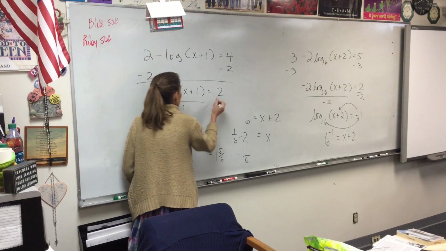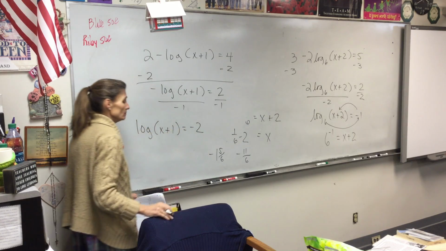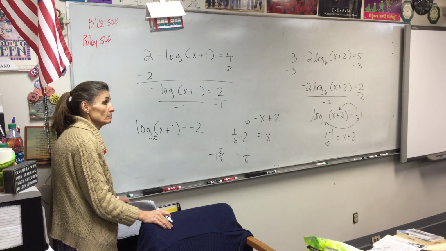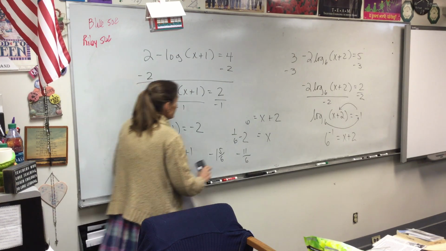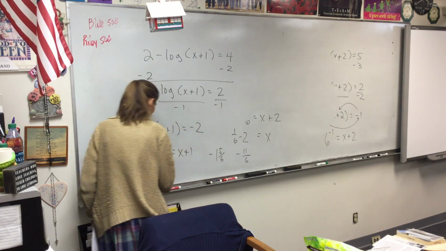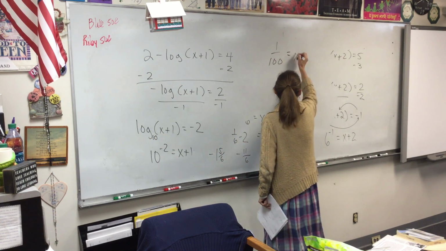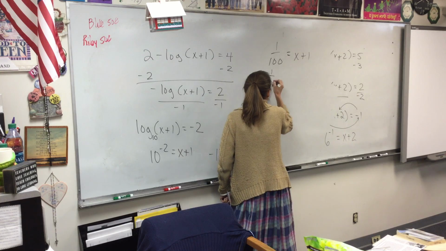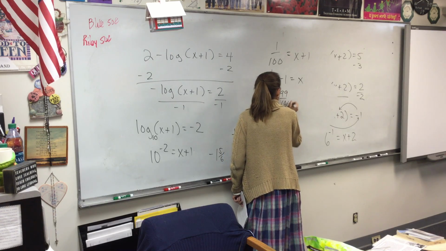Divide by -1. The base here is a 10. 10 to the negative 2 equals x plus 1. This is going to be kind of like the last one. What's 10 to the negative 2? 1 over 100. It's 1 over 10 squared. Negative 99/100ths.